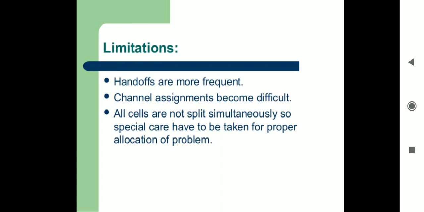The splitting of cells causes unbalanced situations in power and frequency reuse distance and makes it necessary to split small cells in neighboring cells. This phenomenon is the same as a ripple effect.